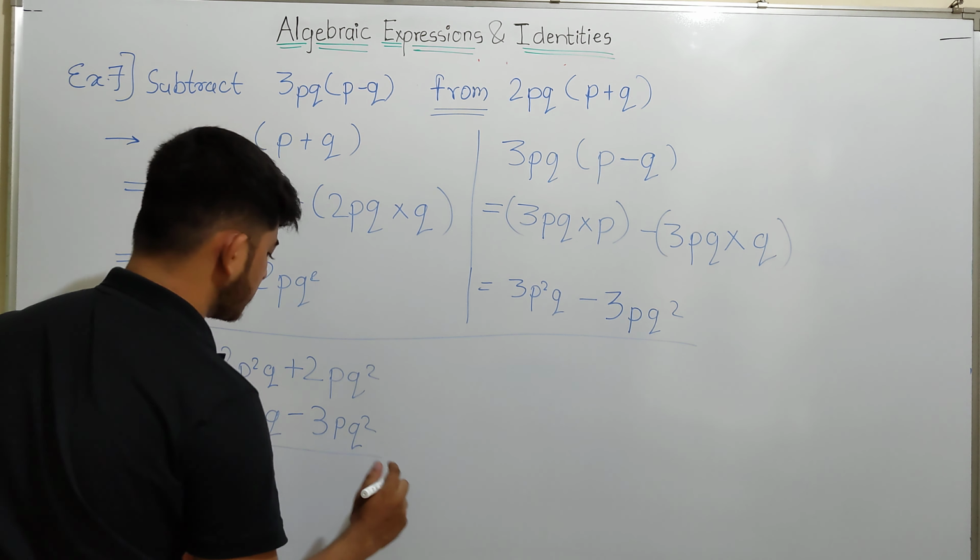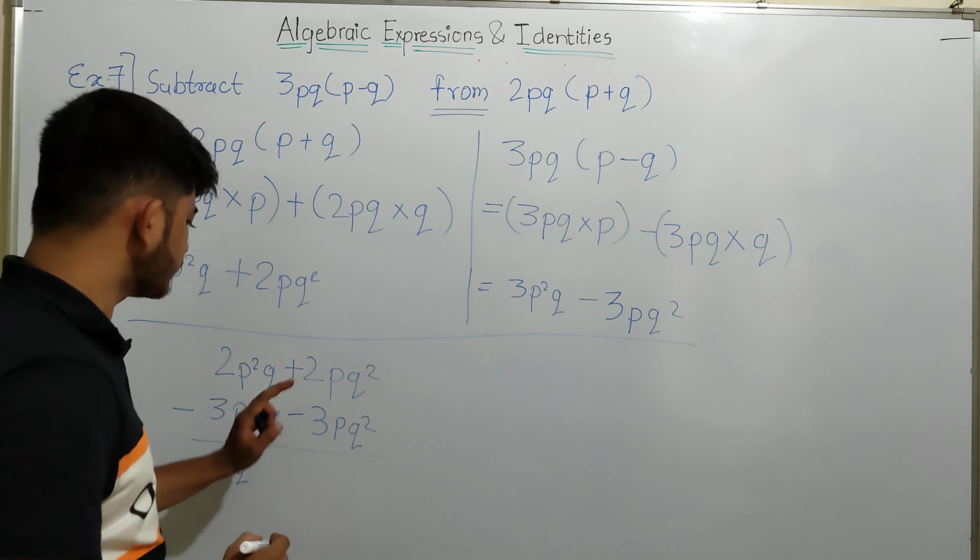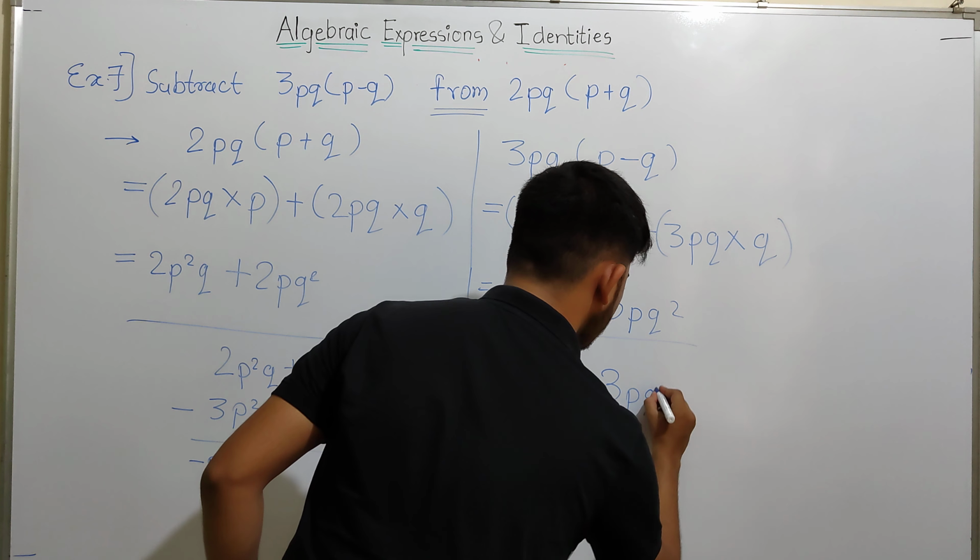The correct manner to solve is, see here, plus 2pq², right? The minus symbol, I'll write it over here, into the bracket (−3p²q + 3pq²).